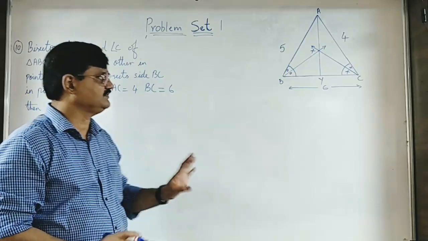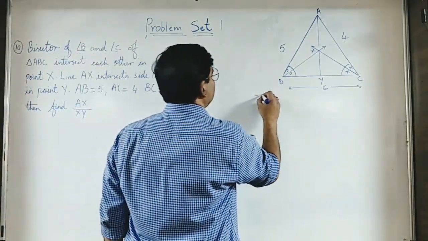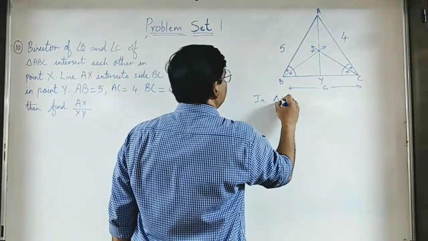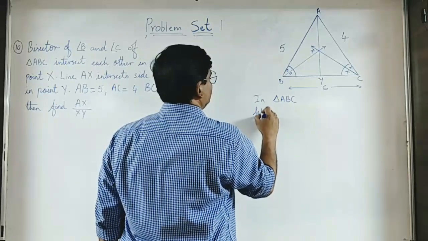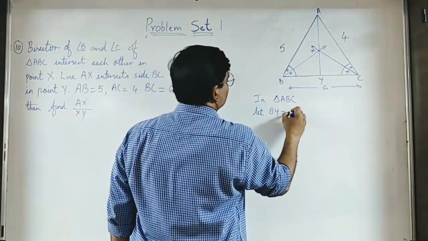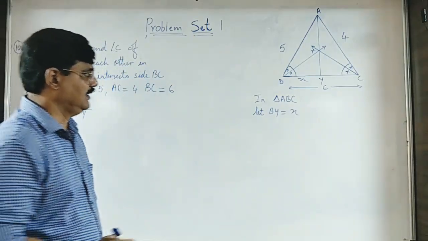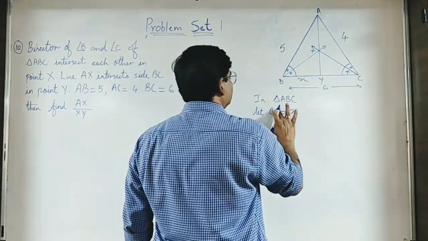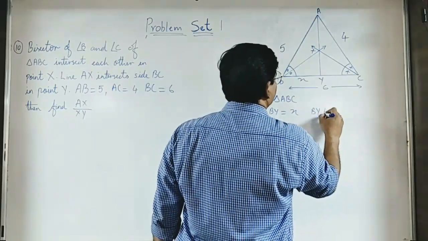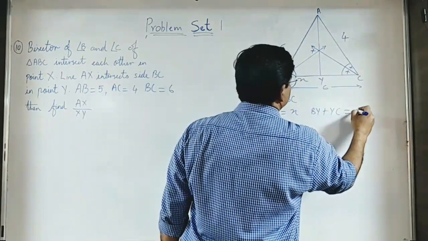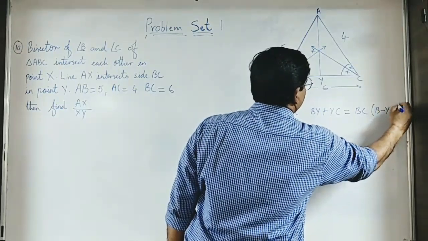What we have to do here: first we'll be going in triangle ABC. Let BY be equal to x. If BY is x, you know that BY plus YC is equal to BC, because B, Y, C are collinear points.